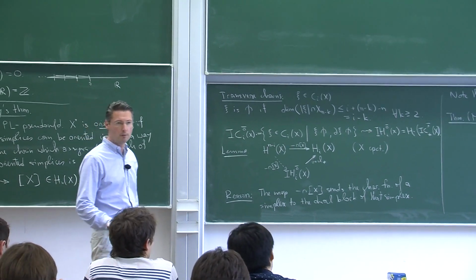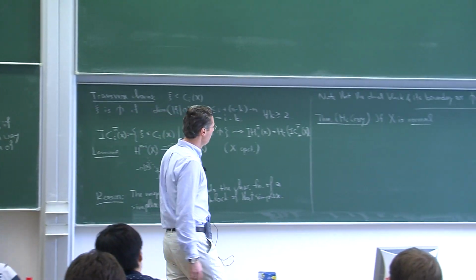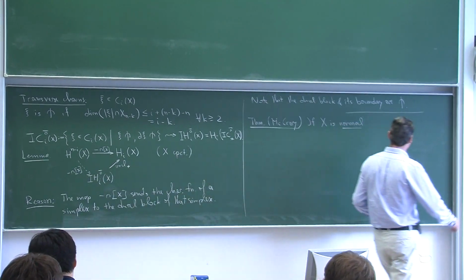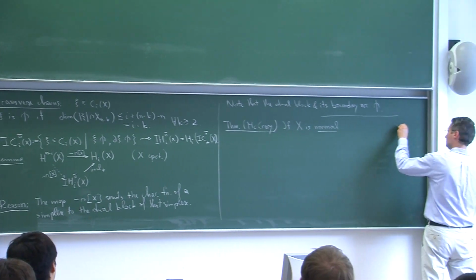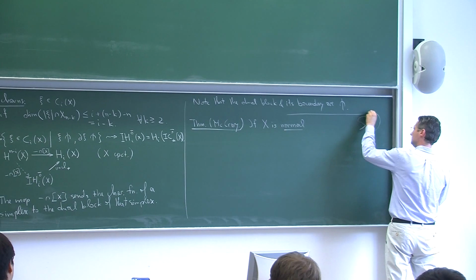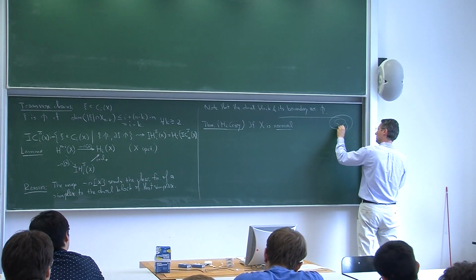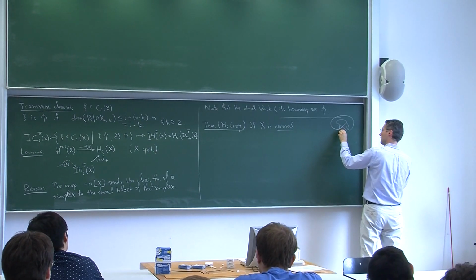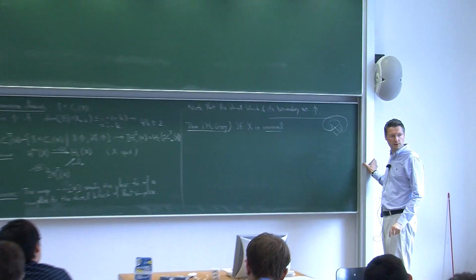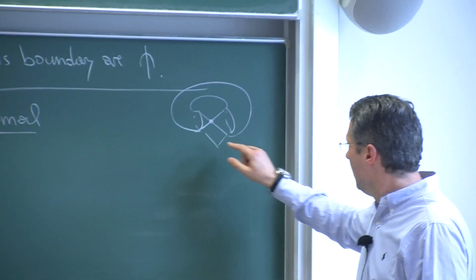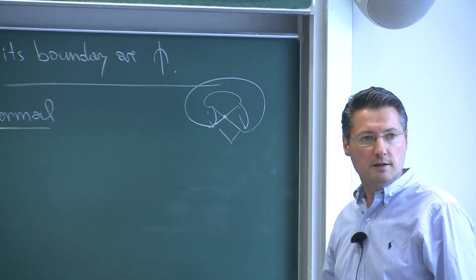So if you have the pinched torus, the theorem doesn't apply because the link of this point consists of the disjoint union of these two circles, and therefore the link is not connected here.